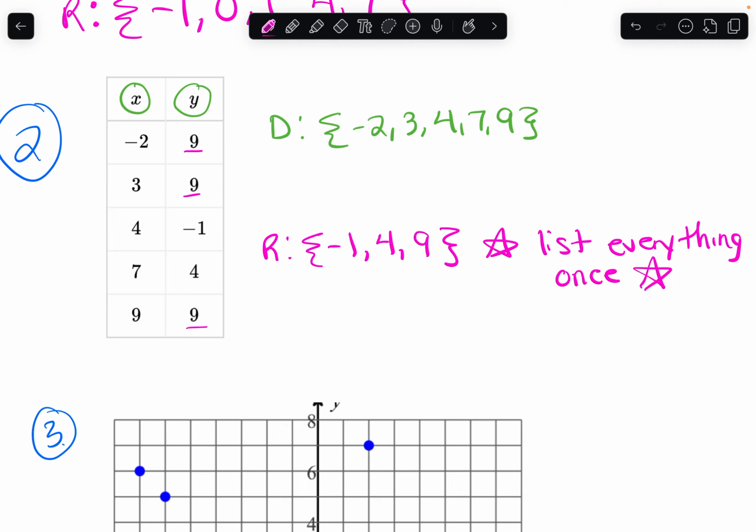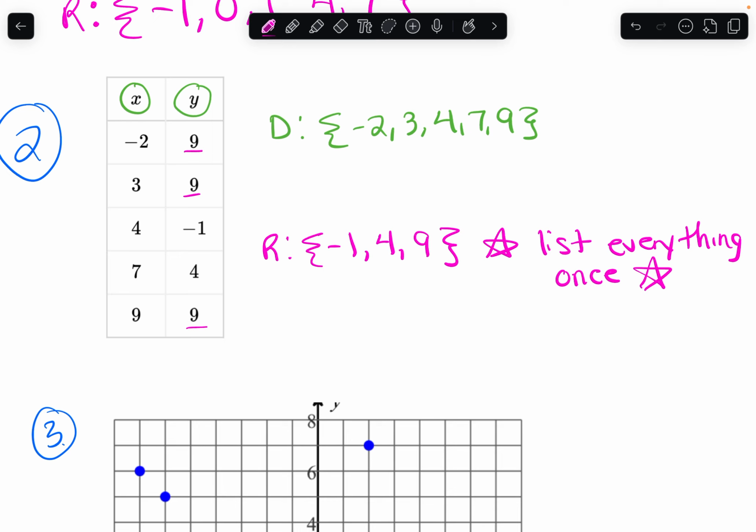The reason for that is that when I ask for the range, I'm just asking what numbers show up in the output. The fact that 9 shows up 3 times is great, but all I'm asking for are what numbers are there. So if you were looking at your Y column, I would expect to see only negative 1s, 4s, and 9s.